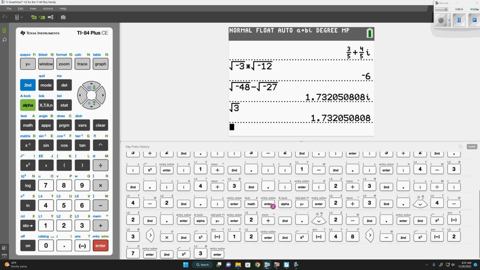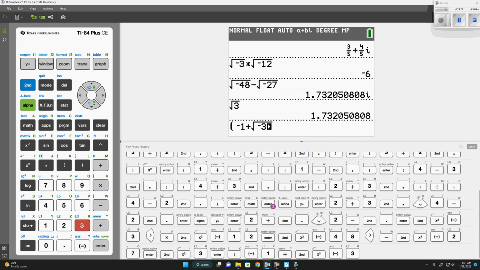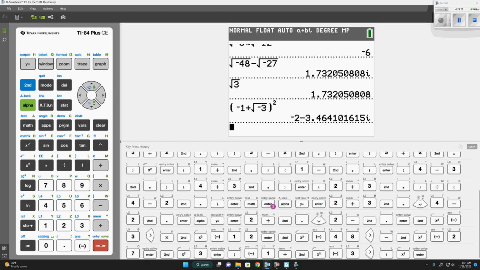Now the last one, why don't we go on and just try it in the graphing calculator, since we already have it pulled up. Well, that didn't work out nicely. But it does kind of give us a hint that we're going to have two terms.